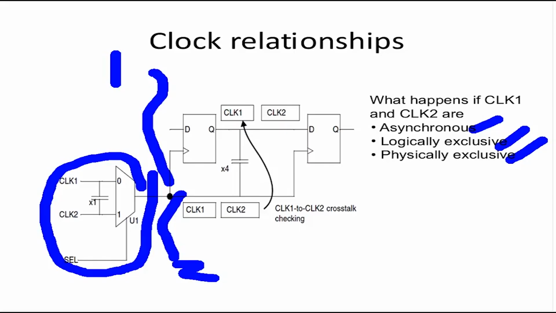They can come from different PLLs, for example. There are two nets which have a coupling cap, and one is the aggressor, driven by clock 1, and this is the victim, driven by clock 2.